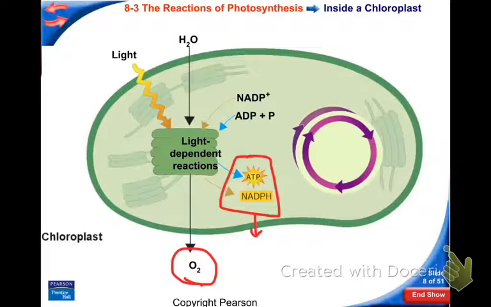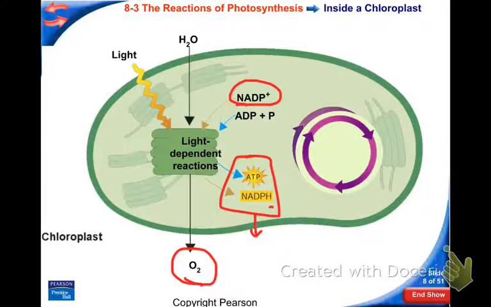Now, if you watched my 9-2 lecture, I talked about NADPH before. NADPH is an energy storage. It's a temporary energy storage molecule. You have this molecule here, NADP, and if you attach a hydrogen onto it, okay, it becomes NADPH.